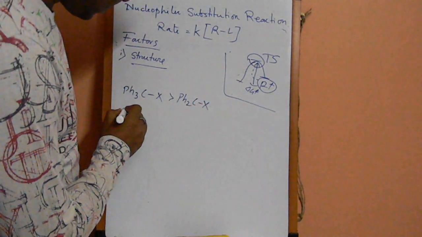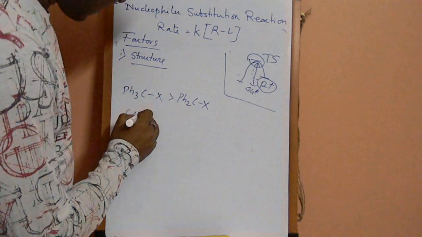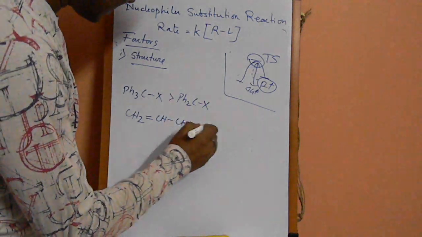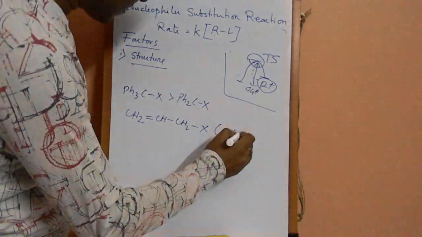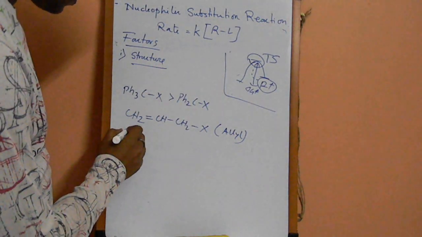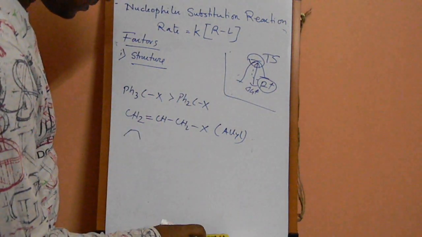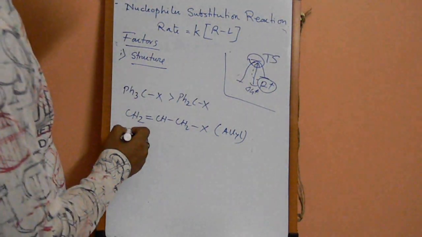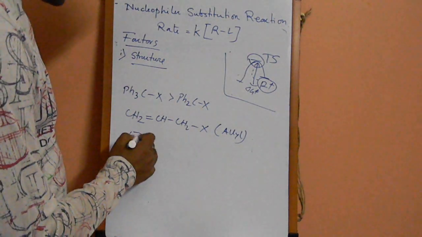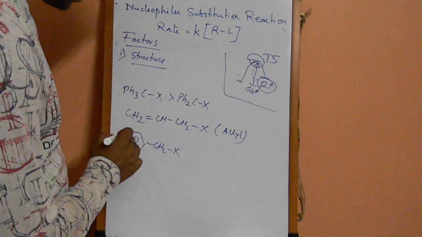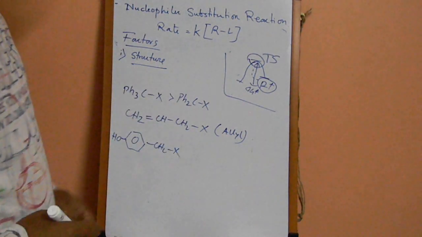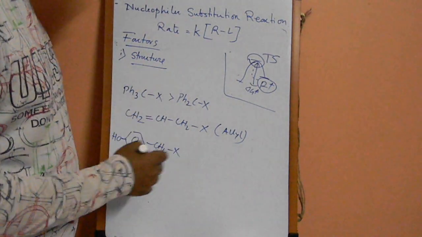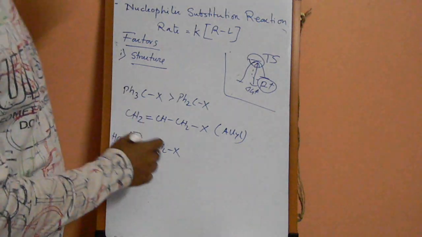And also substrates like CH2=CH-CH2X, these are allyl. Or if something is stabilized in the case of a benzene ring, if there are some stabilizing groups at the para position, plus R donating groups, it can stabilize the transition state from the substrate.